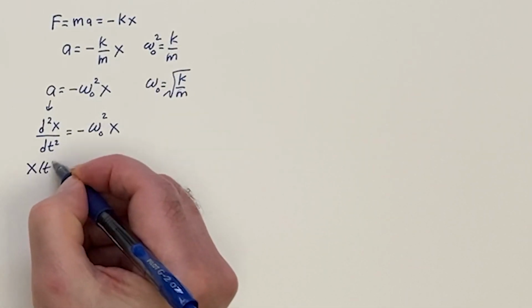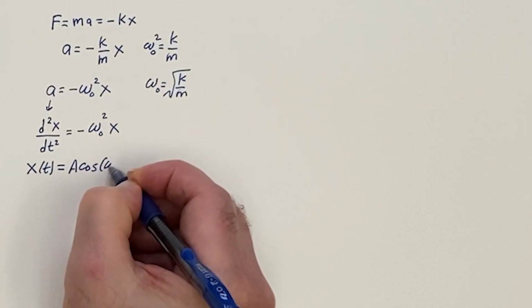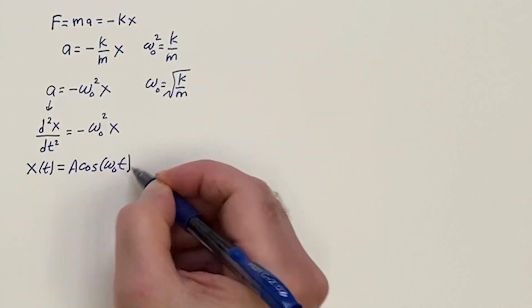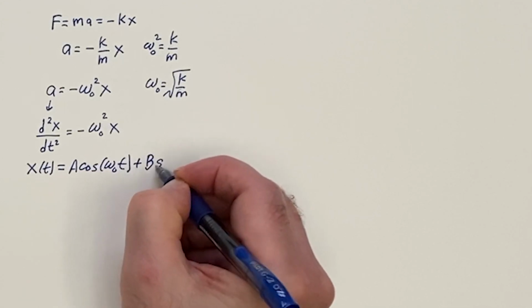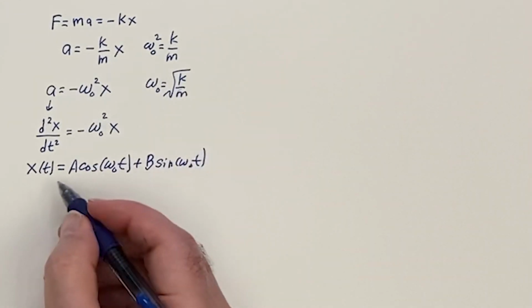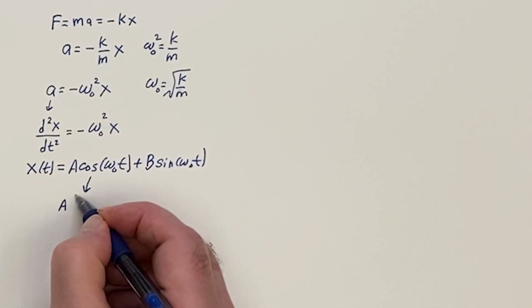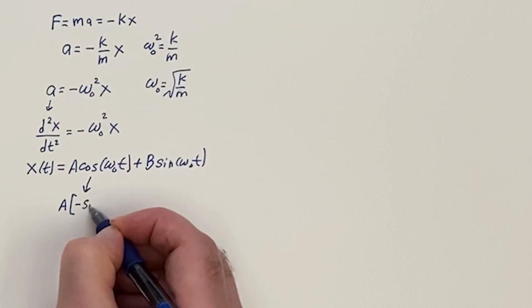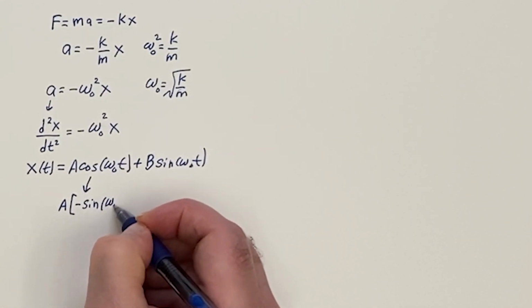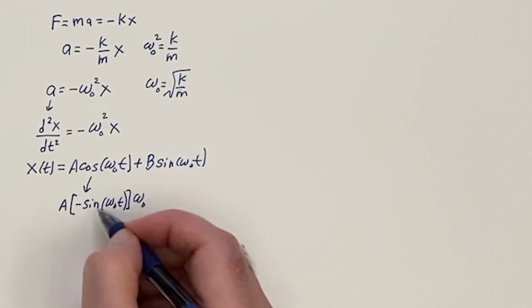So if you take, say, x to be a cosine omega naught t plus b sine omega naught t, when you take the derivative of this thing, you'll get a, and you'll get minus the sine omega naught t, and then you'll get an omega naught popping out of there.